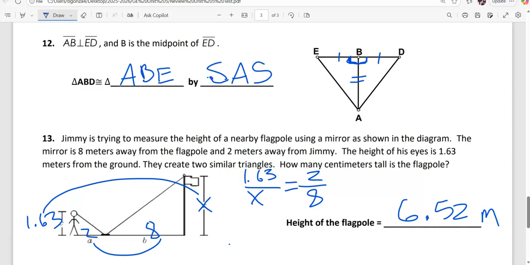Now, to turn this into centimeters, each meter is 100 centimeters. So you multiply this by 100, and you get 652 centimeters.